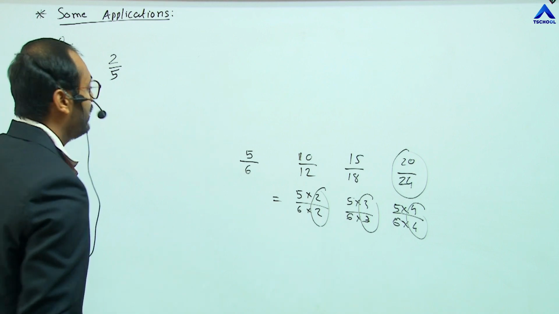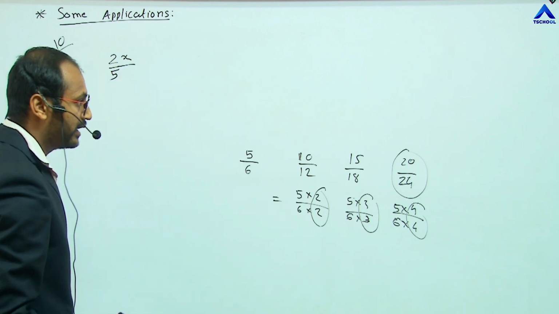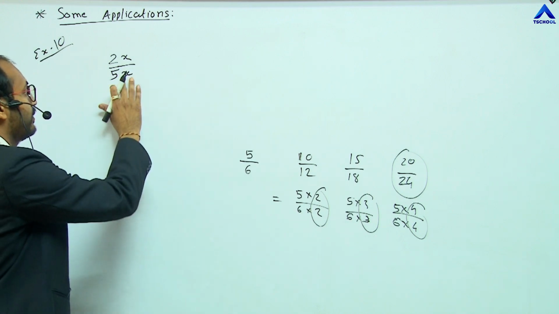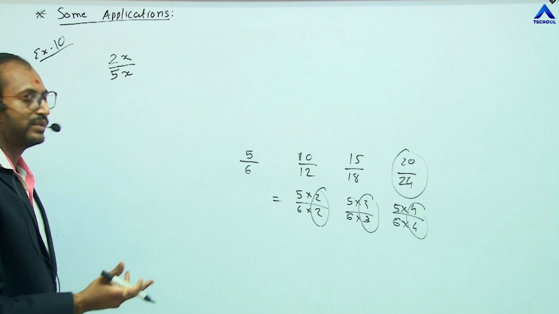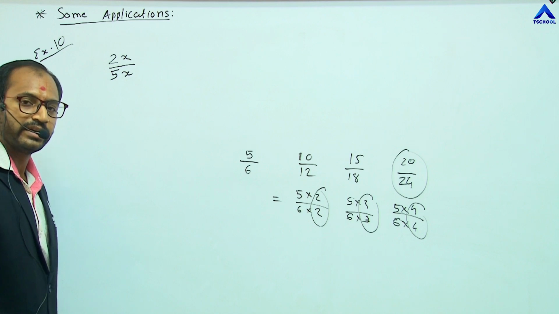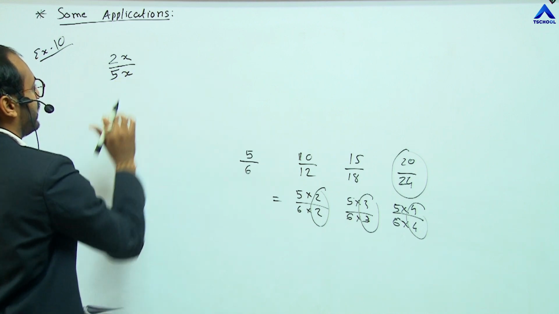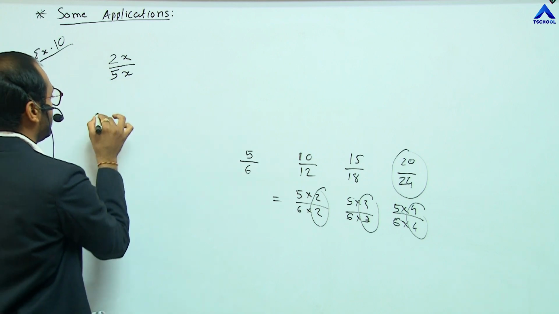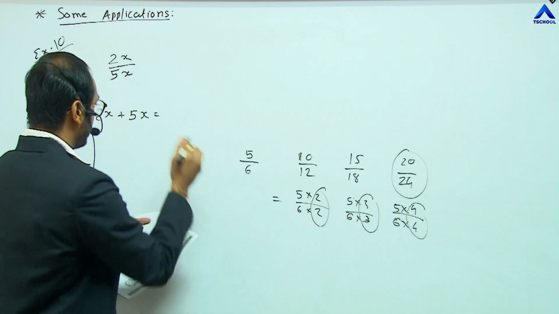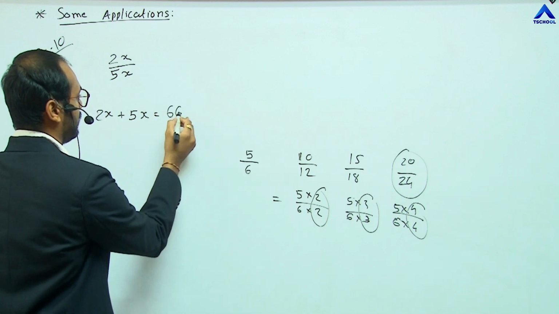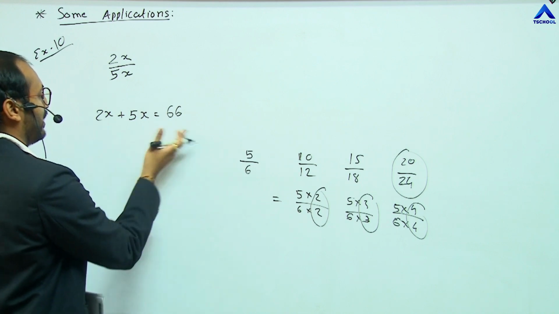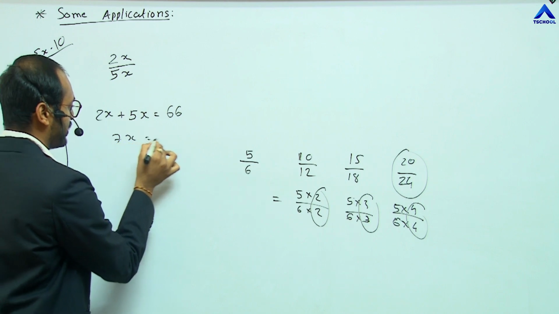Suppose the numerator of the ratio is 2x and the denominator is 5x. By simplification we get the ratio 2/5 already. Clear? So this is the ratio of these two numbers.